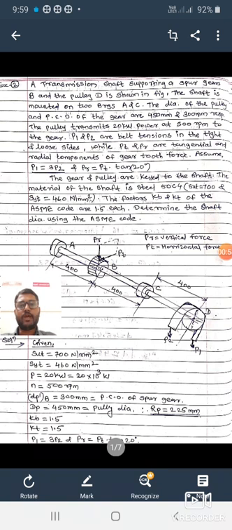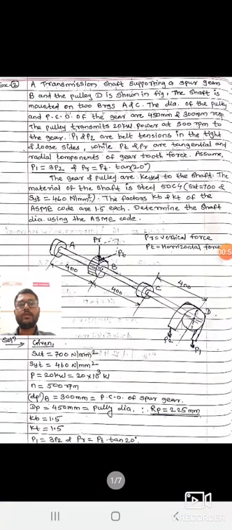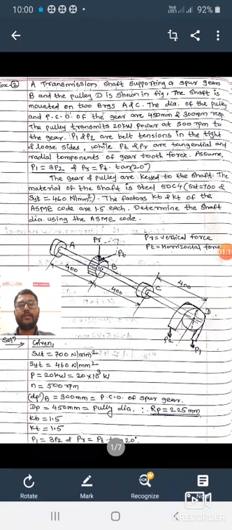Here P1 and P2 are belt tensions in the tight and loose sides, while PT and PR are tangential and radial components of gear tooth force. Assume here P1 equal to 3 into P2 and PR equal to PT into tan of 20 degree.